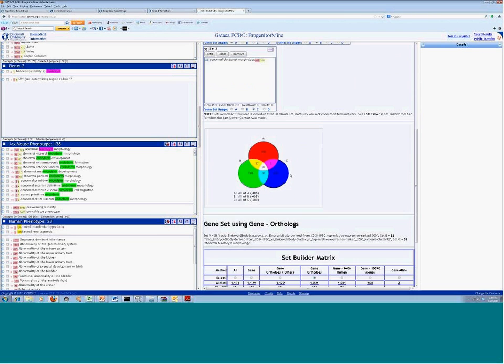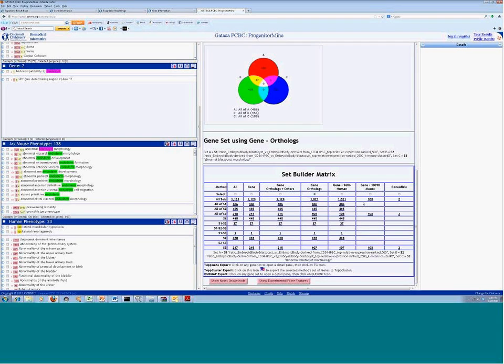But basically, this is now how we can intersect mouse phenotype genes with the different transcription signatures, and then you can sort of zero in on what that gene is, or what the intersection is. Click that, and then it appears here as CDX2 and that sort of thing.